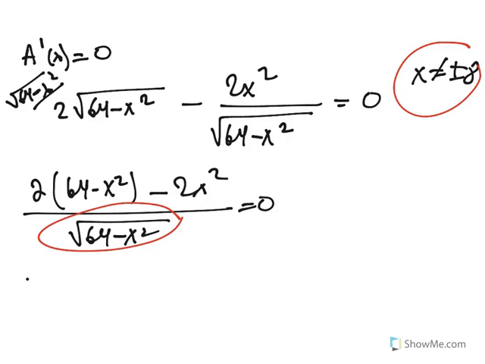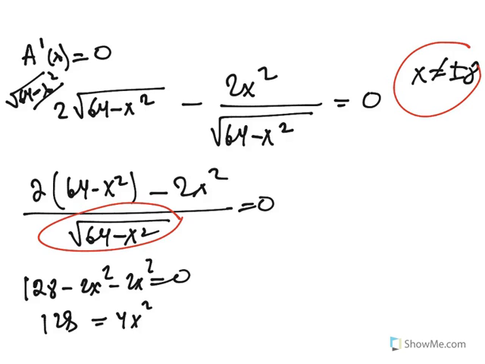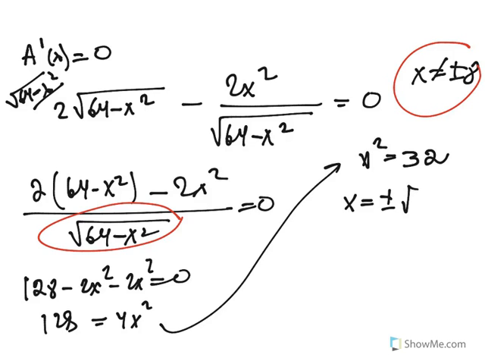So you get 2 times 64 is 128 minus 2x squared minus 2x squared equals 0. 128 equals 4x squared. Divide both sides by 4, and I believe we get 32. So x equals plus or minus the square root of 32.